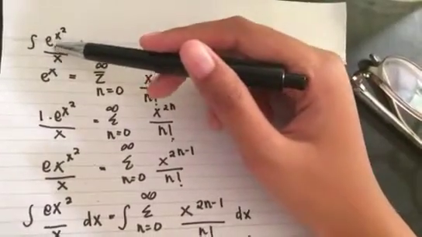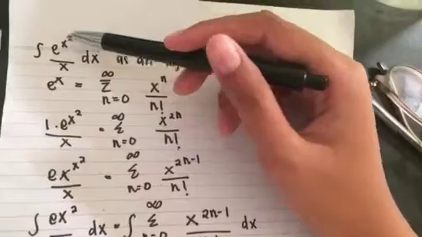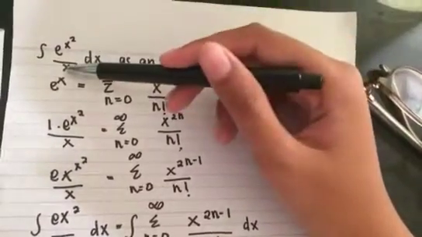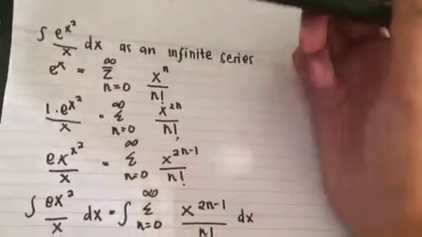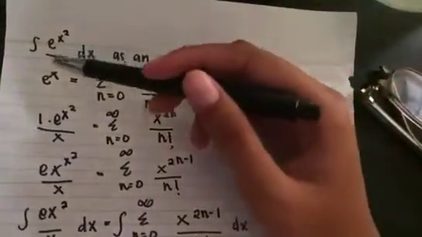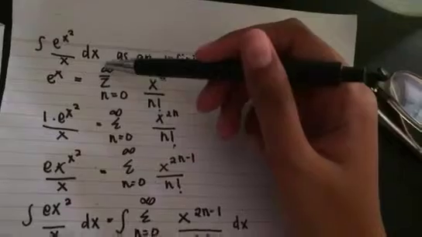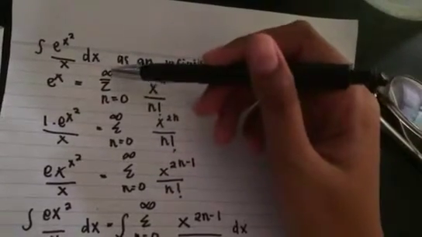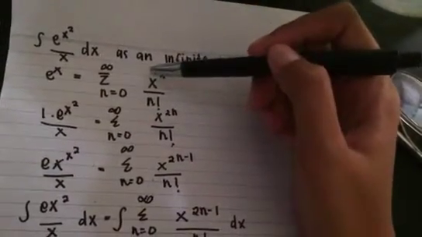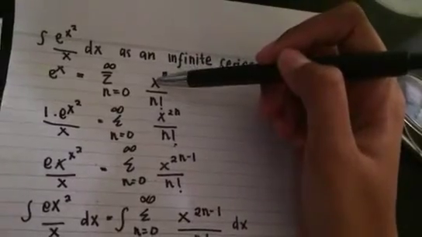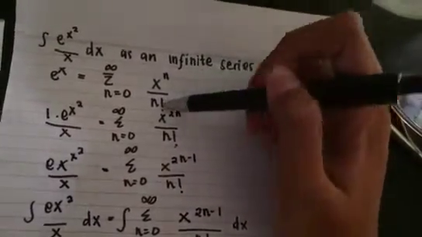Integrate e to the x squared times x dx as an infinite series. e to the x equals the sum from 0 to infinity of x to the n over n factorial.